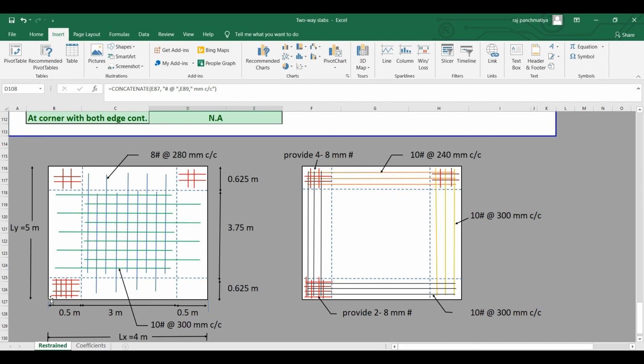Here at this corner, as both edges are discontinuous, we will provide 4 bars of 8 mm dia, that is the full torsional reinforcement. At this corner and this corner, one edge is continuous and one edge is discontinuous, so we will provide half of that provided at this corner. So here we will provide only 2 bars of 8 mm dia in the form of mesh.